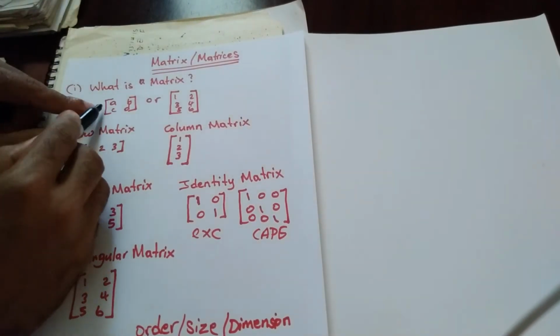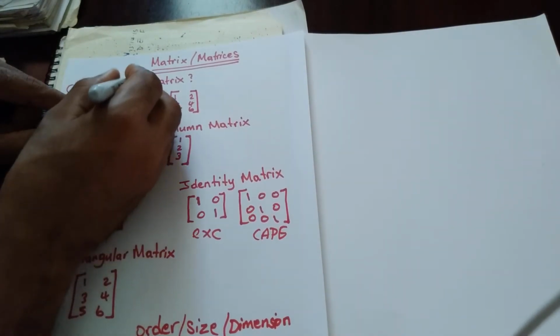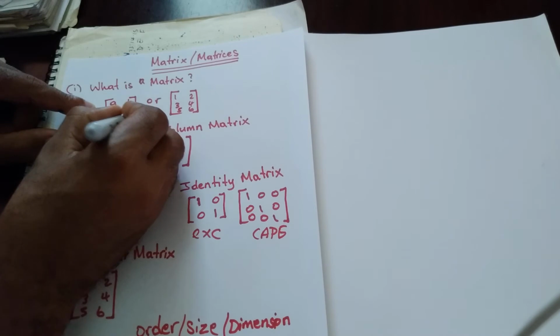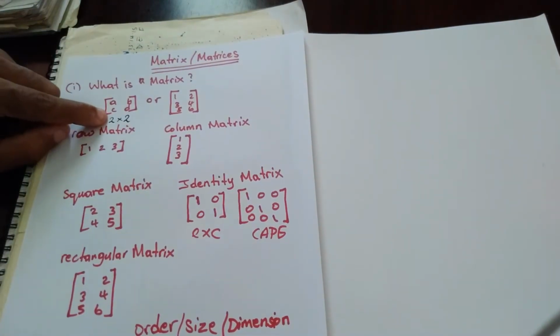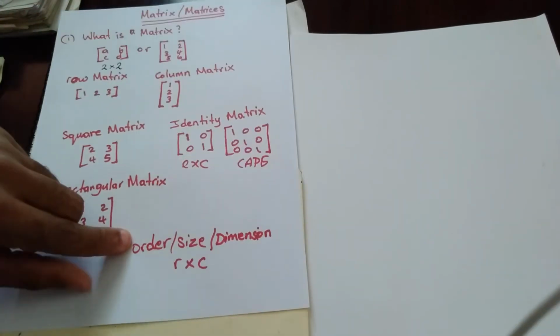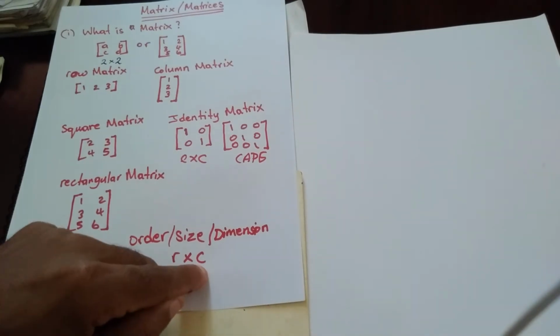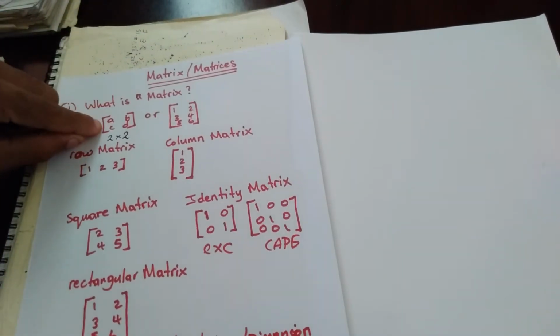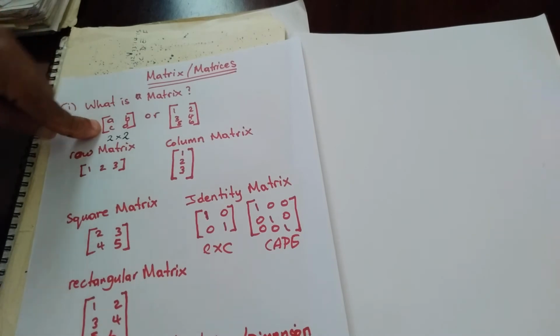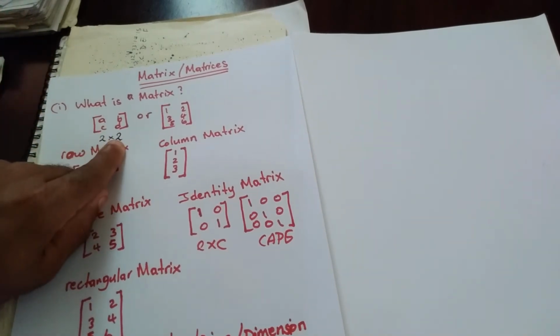So with this one, we have 2 rows and 2 columns. Remember, the dimension, order or size refers to the number of rows by the number of columns. So this is a 2 by 2 matrix.